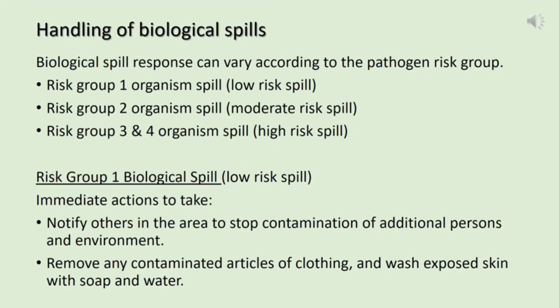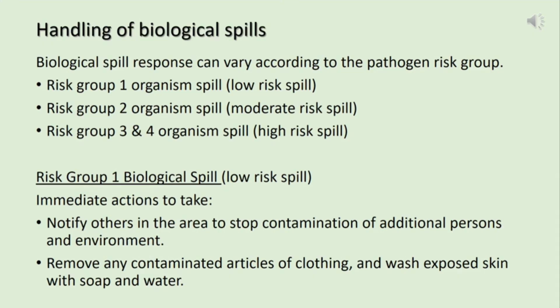If it is risk group 2, it is considered a moderate risk spill. If it is risk group 3 and 4, which are more hazardous, we consider it a high risk spill. In this lecture, you are going to learn the steps to clean up a spill if it is risk group 1, that means a low risk spill.